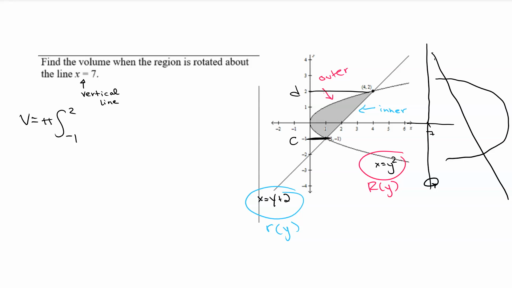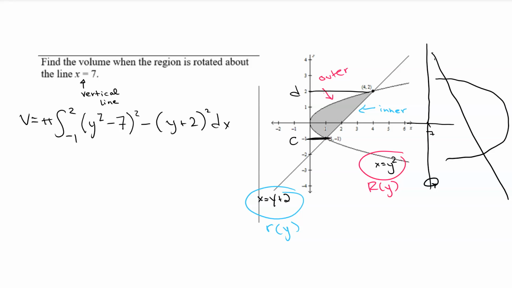We're using y values because we're looking at our equation in terms of y. We're integrating with respect to y. So 2 to -1, we've got our outer function minus our axis of rotation, so y squared minus 7, squared. Then we do the difference of our inner function, y plus 2 minus 7, squared dx.